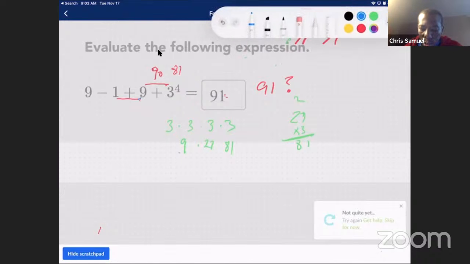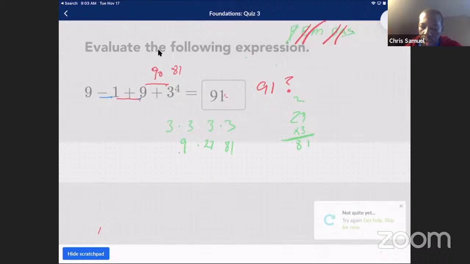It's negative 1 plus 9, which would be 8. Then after we get 8 here, we go 8 plus 81, which would be 89.